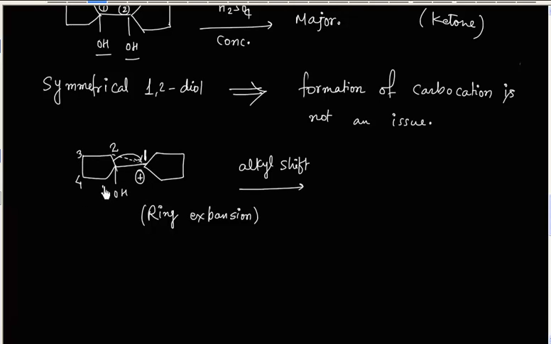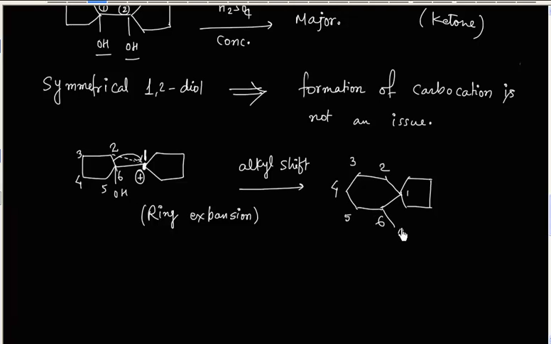This is 3, 4, 5, 6. So on this side we have a 5-membered ring, and on this side we have a 6-membered ring, and this carbon is common in the two rings. So let us number this carbon 1, 2, 3, 4, 5, 6.